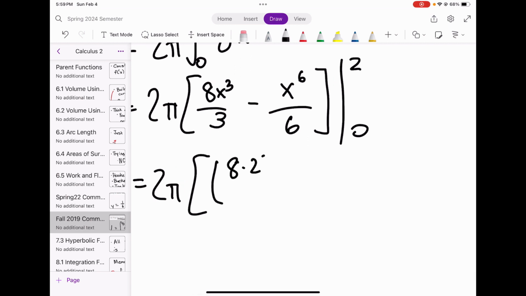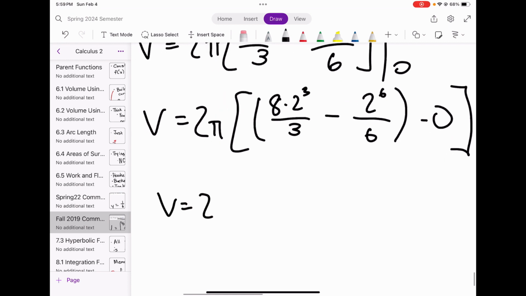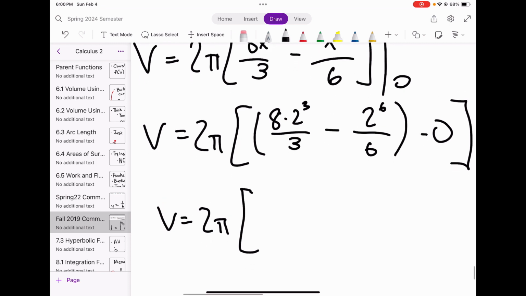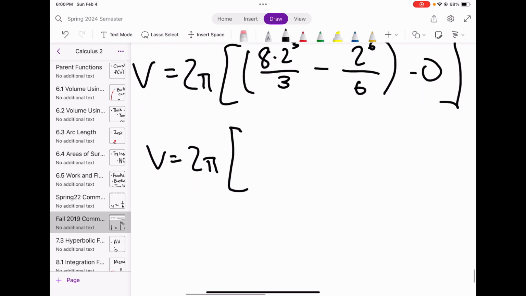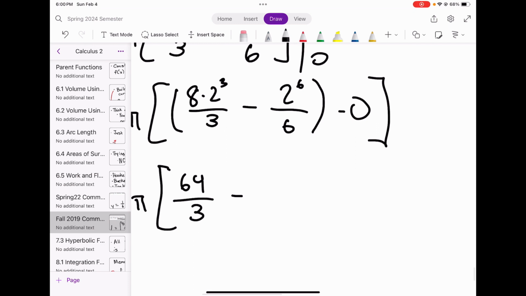So 8 times 2 cubed over 3 minus 2 to the 6th power divided by 6 minus 0. 2 cubed is 8, multiplied by 8 is 64, divided by 3, minus, let's see, 2, 4, 8, 16, 32, 64, 64 over 6. And so this is basically just 64 over 6.